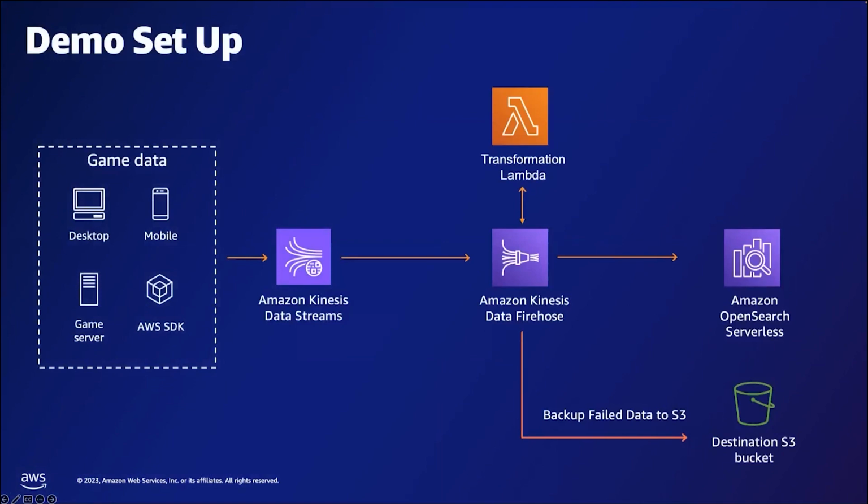Now, typically what you might have happen is your individual mobile applications or your game servers or even the AWS SDK will generate these events, push them into Amazon Kinesis data streams, which is a high throughput message store system.